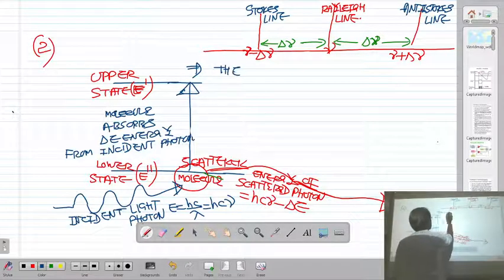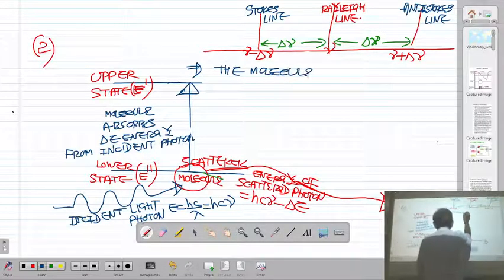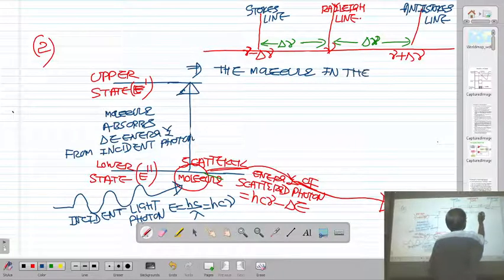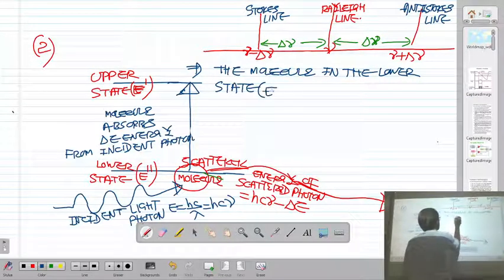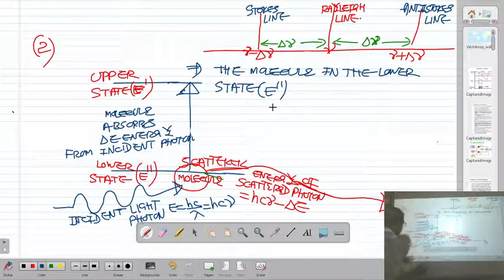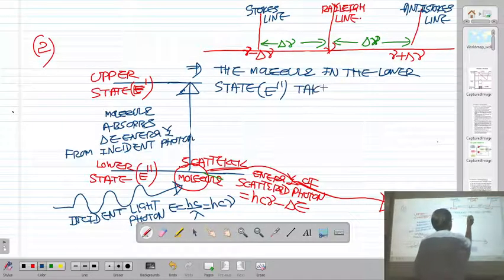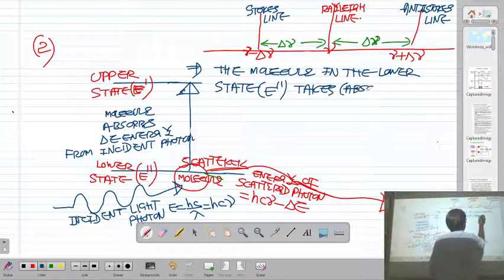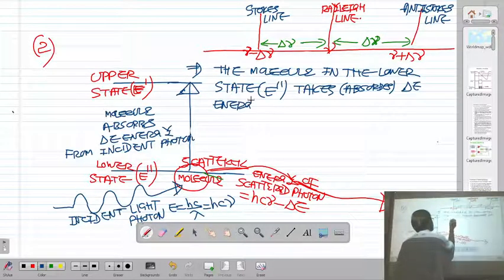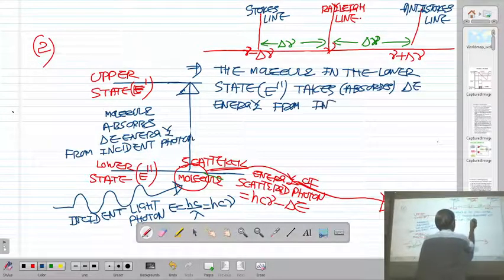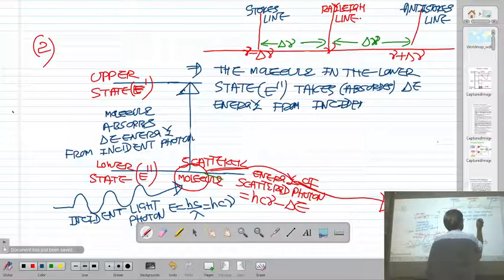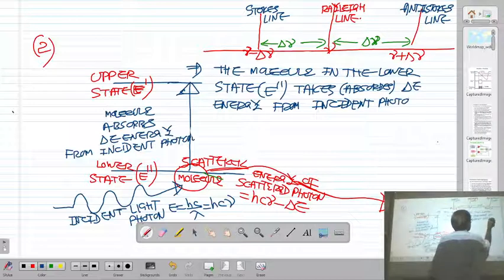The molecule in the lower state E double dash takes or absorbs ΔE energy from the incident photon, right?